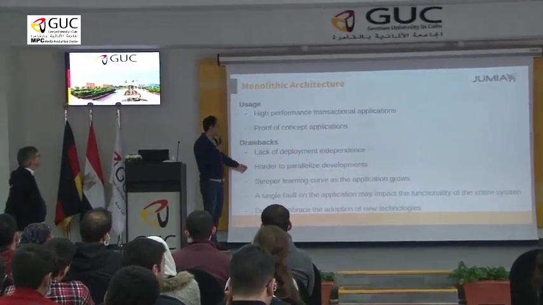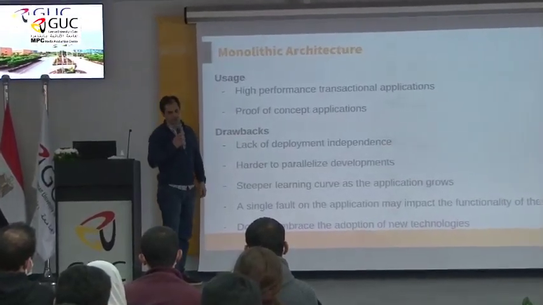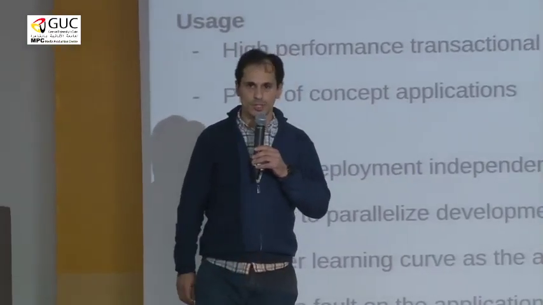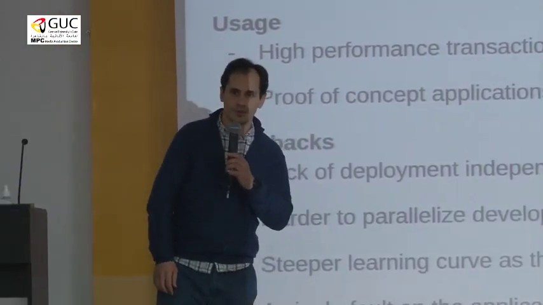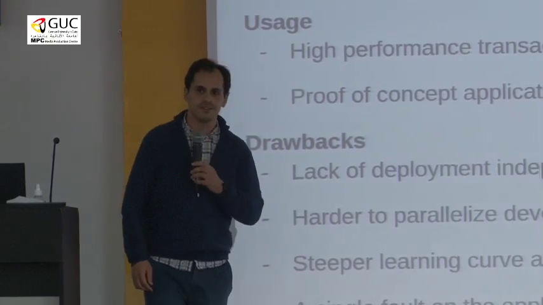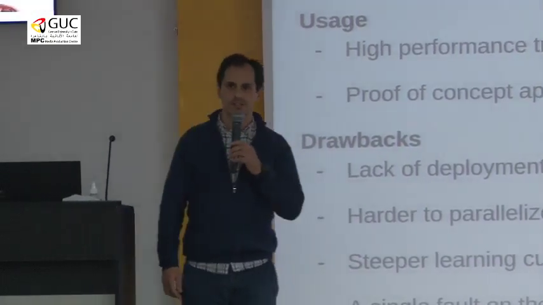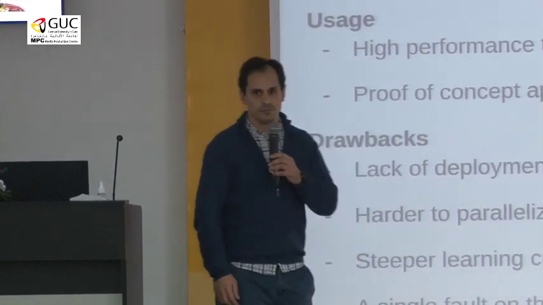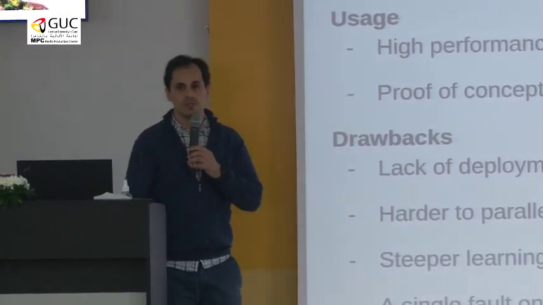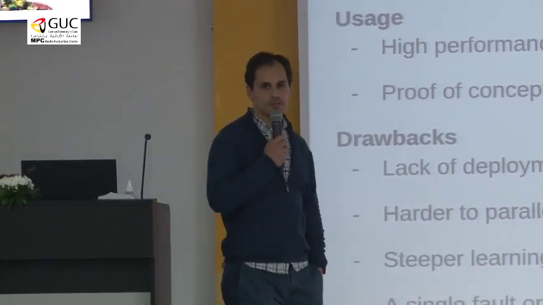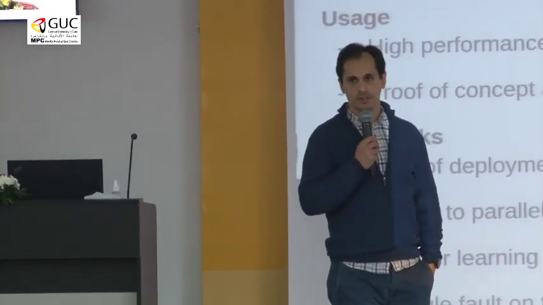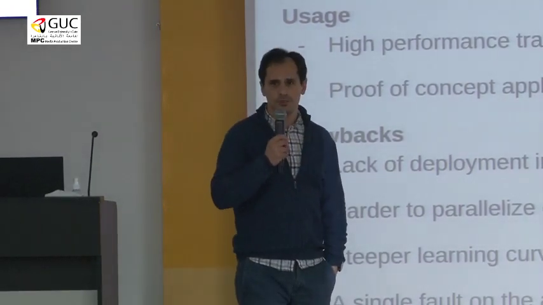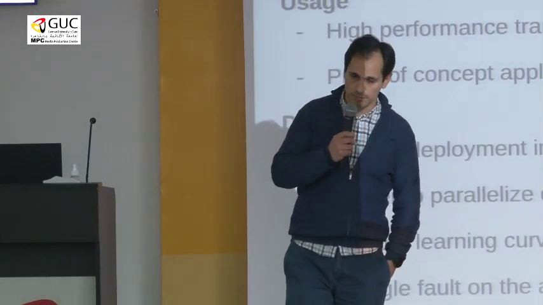It's harder to parallelize the development. Imagine that we have 20 people working on the same application. What do you think is going to happen? Do you know about GitHub and code review and so on? Imagine you have 5 teams working on the same system.